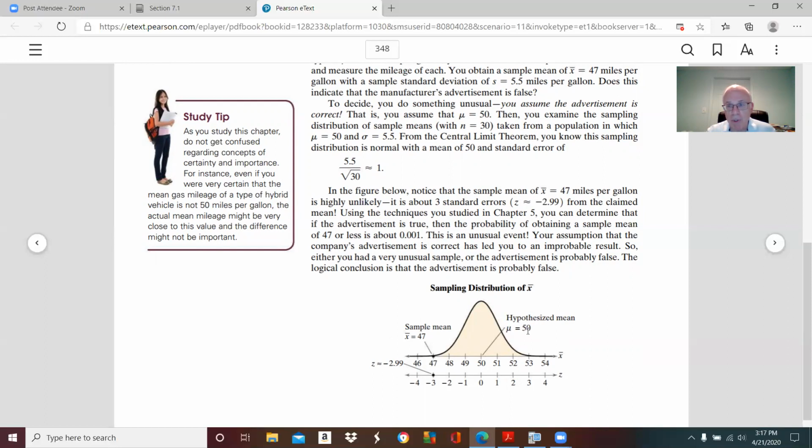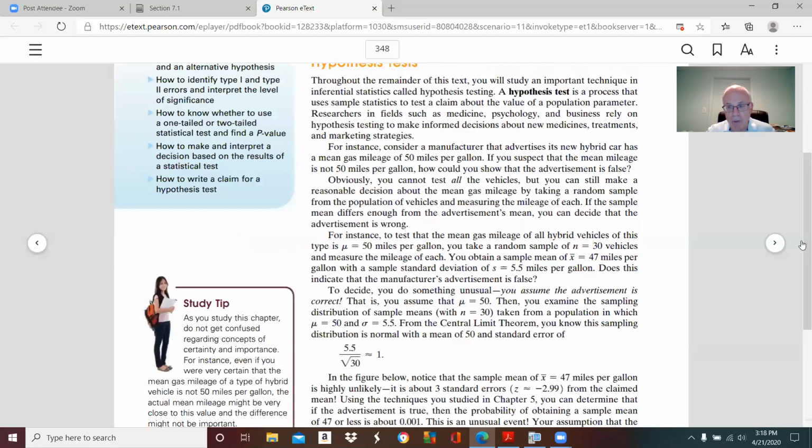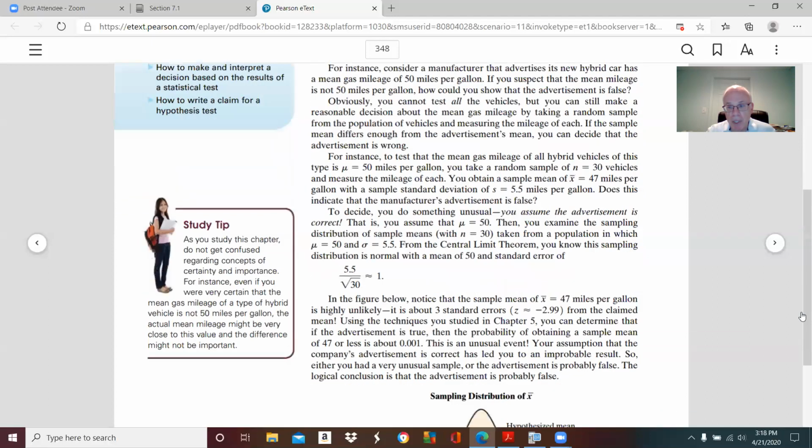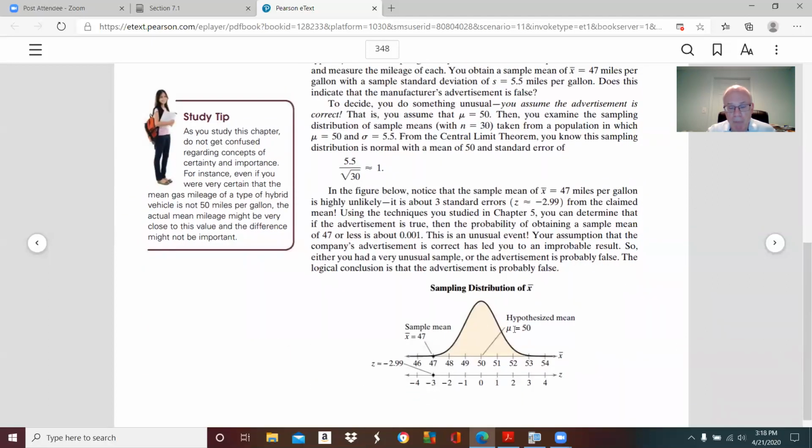But it's strictly dealing with the population mean and population proportion. All right, and then we're going to use the sample data to do a test. That's the whole idea here. We're going to be doing testing using the sample data, but the hypothesis is about the population parameter, either the population mean or the population proportion.